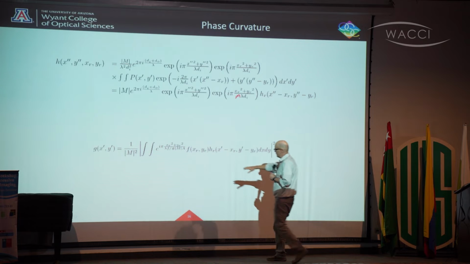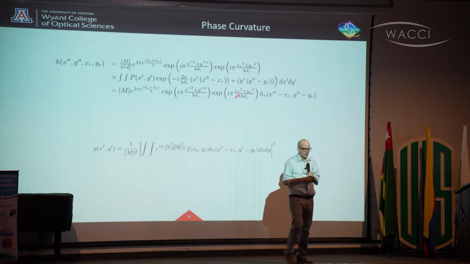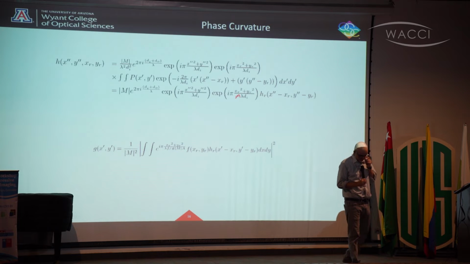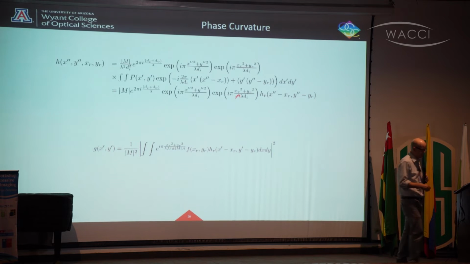But there's this quadratic phase term that modulates the object. And what that means is that the passband depends on where you are in object space. So the passband is shifting as you move across the object space with the coherent imaging system.